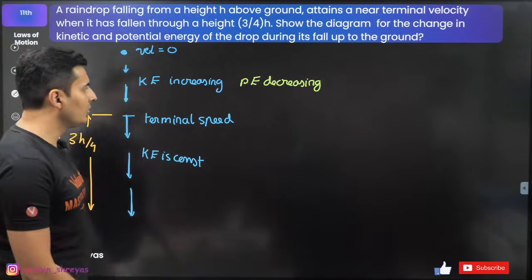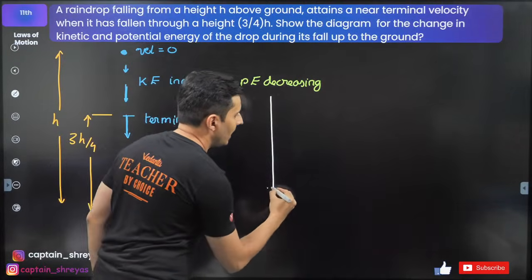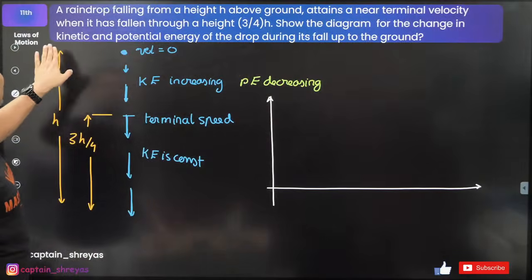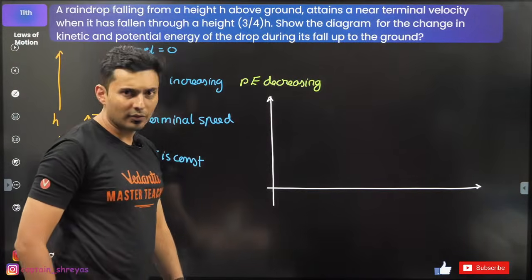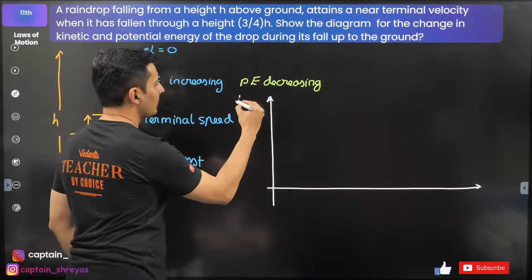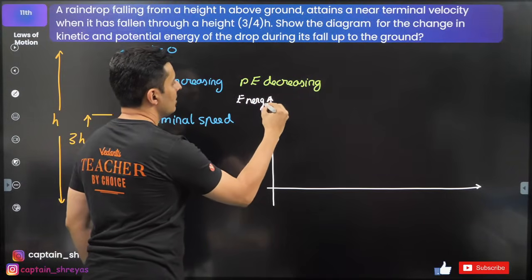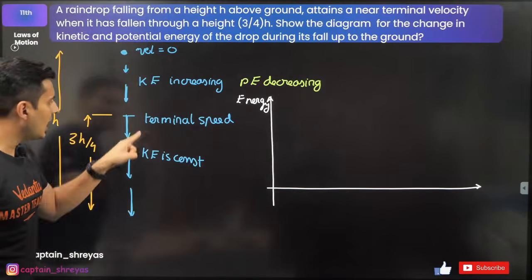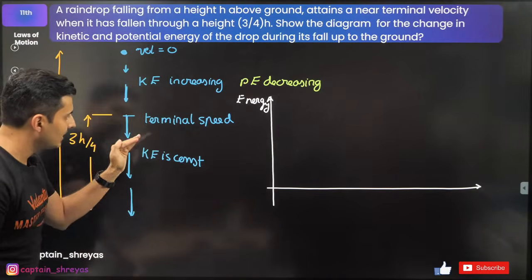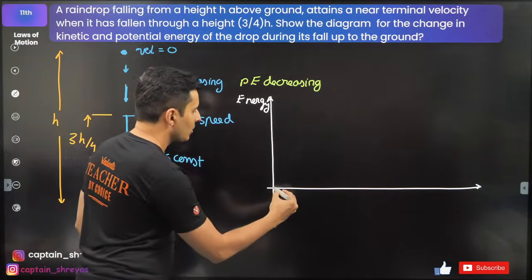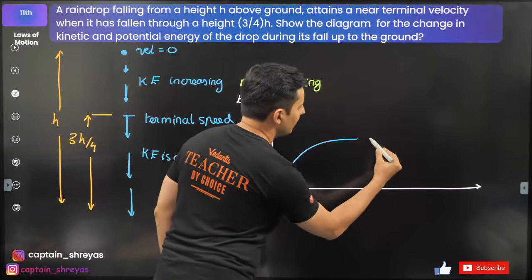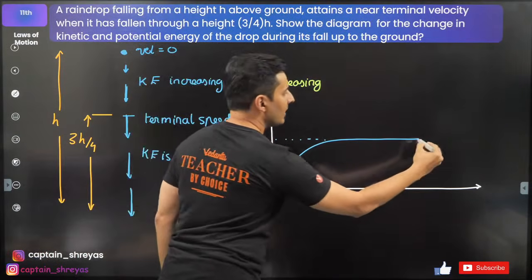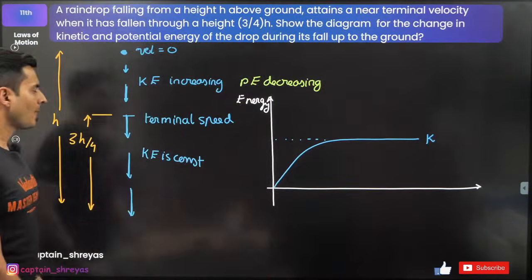Okay, so if I have to draw the graph of the change in the kinetic and the potential energy during the fall, here is what I will say. If this is energy in general, the kinetic energy first increases, then it becomes constant. That's your kinetic energy.